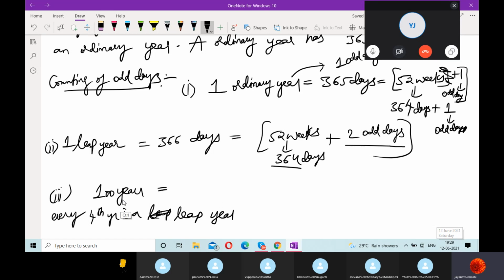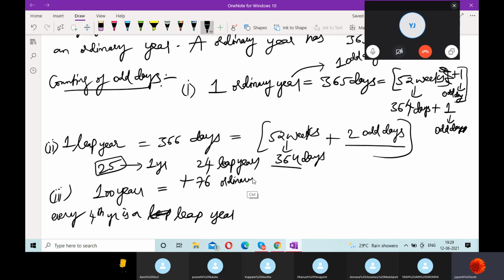So if I divide 100 by 4, I would get 25 very clearly. But since the 100th year is not a leap year, I would exclude 1 year from this and make it 24 leap years and 76 ordinary years.